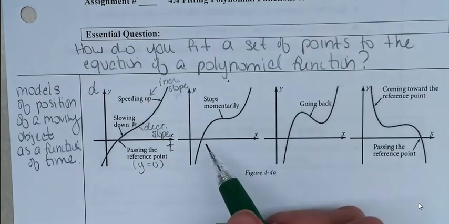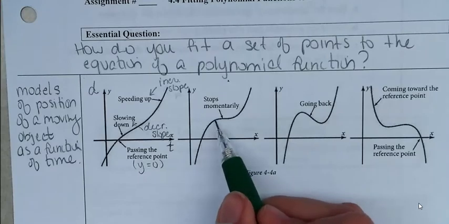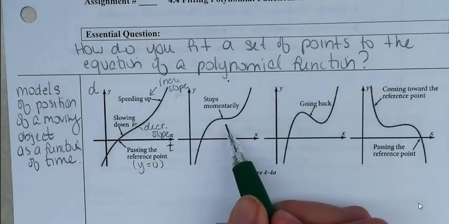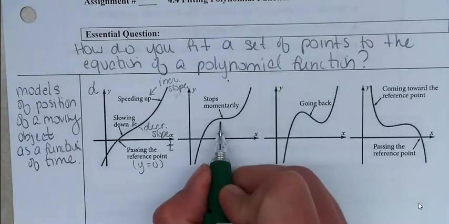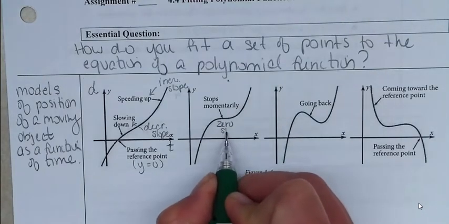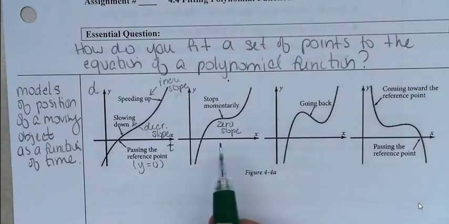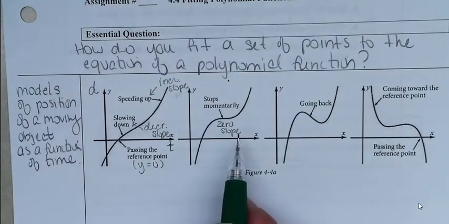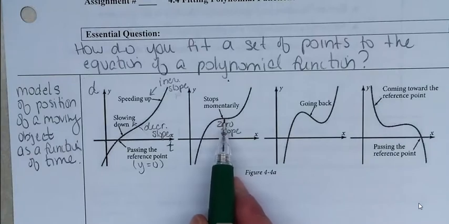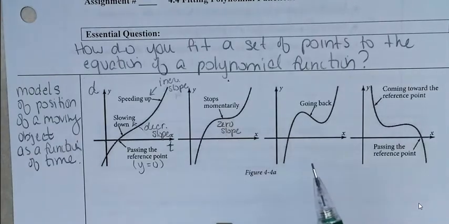Now, with the same idea, what happens when our graph flattens out? What kind of slope is that? That's a 0 slope, right? So we've got a 0 slope here, which means that we stop for a period of time. Time is still going on, but my distance is not changing at all. Therefore, I'm stopped.